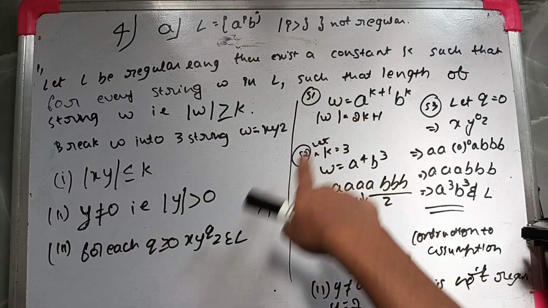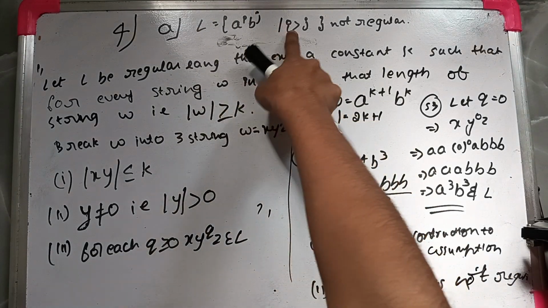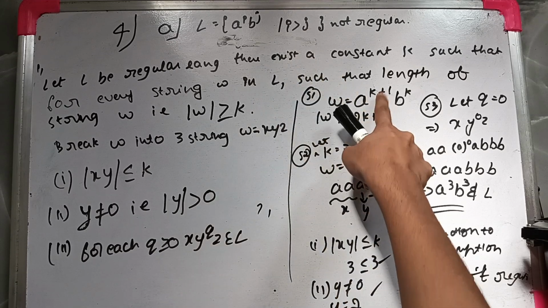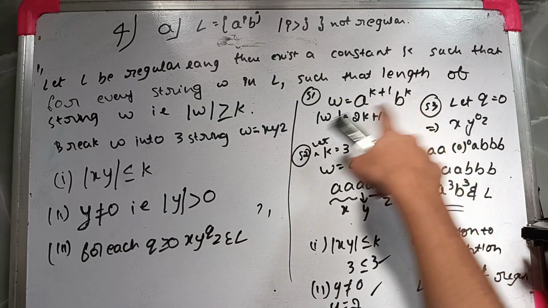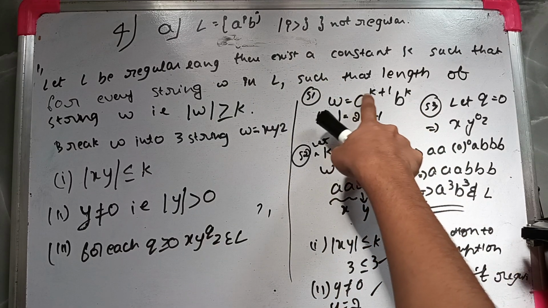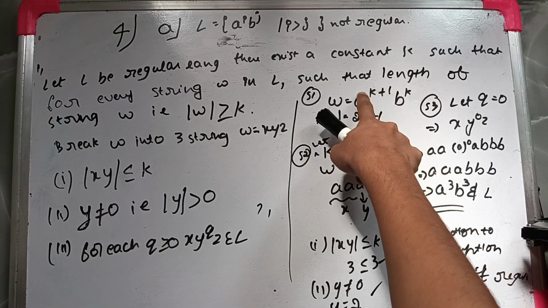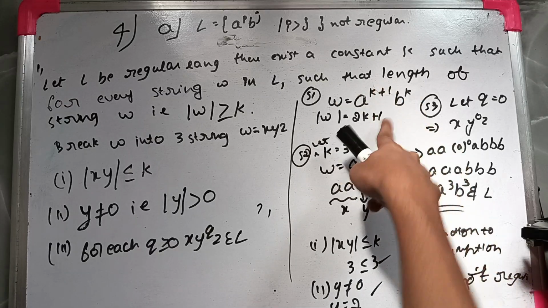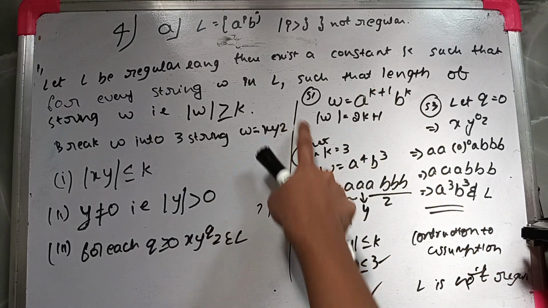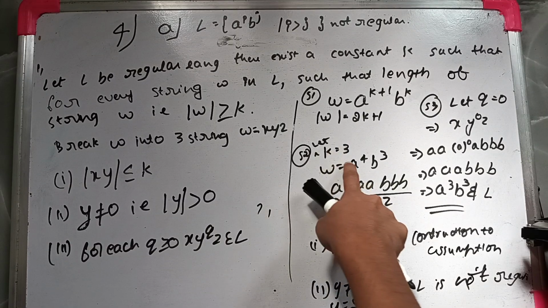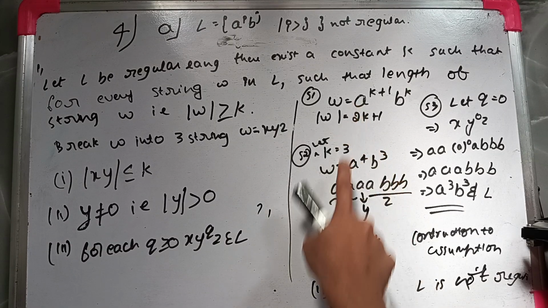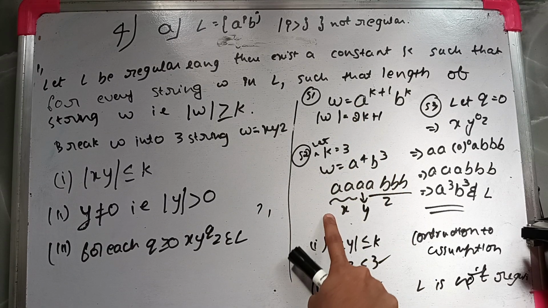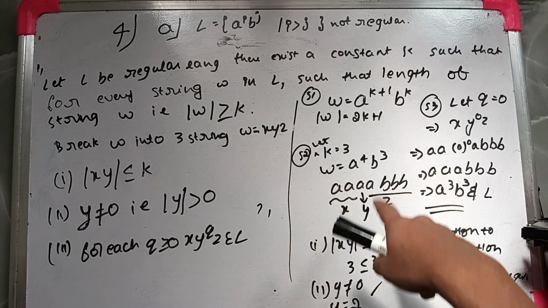So for w, here i is always greater than j, right? So we add 1. Next, b power k, so w has a count of 2k plus 1, that is k, and k plus 1 a's, so 2k plus 1 here. This is step number 1. And step number 2, let k be 3, then this becomes a power 4, b power 3. Next, break the string into 3 pieces.